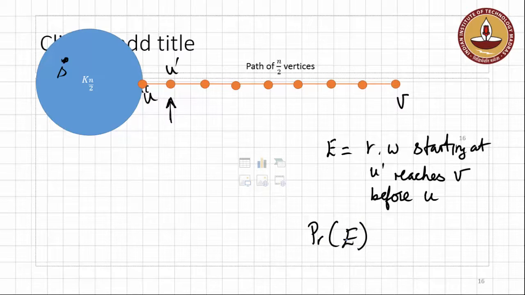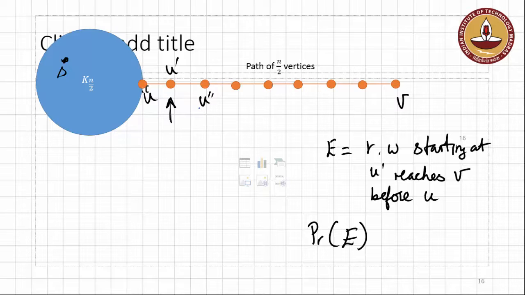Now, this can be understood reasonably easily. It takes just a little bit of thought to see this intuition. Now, from u, you're equally likely to go to either side. Let's consider this as u double prime.